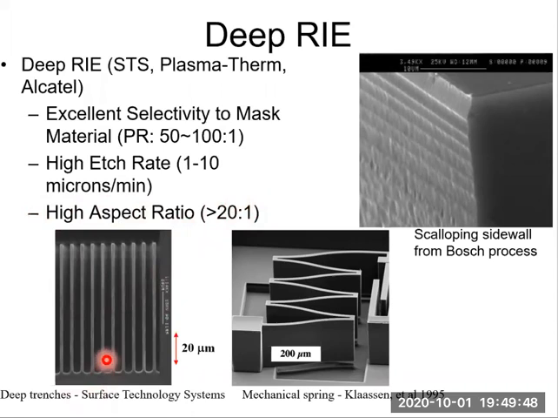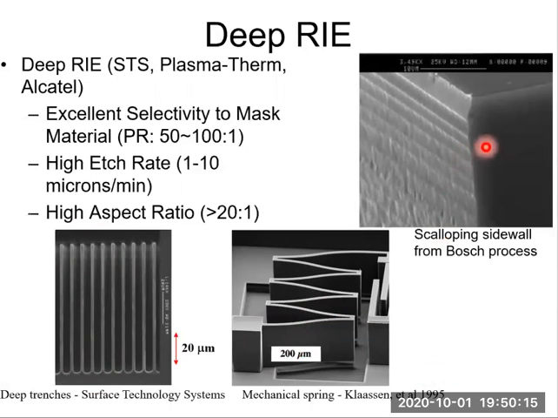This is a SEM image, the cross-sectional view of deep trenches fabricated using deep RIE on a silicon wafer. The next SEM image shows a mechanical spring fabricated using silicon by deep RIE etching.